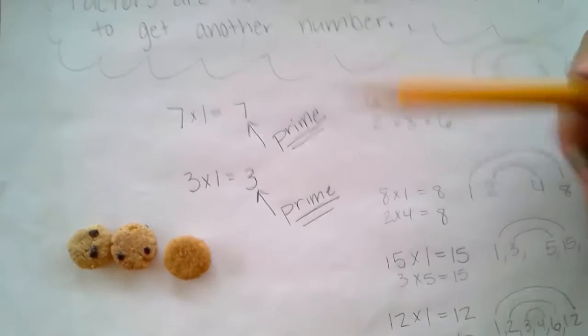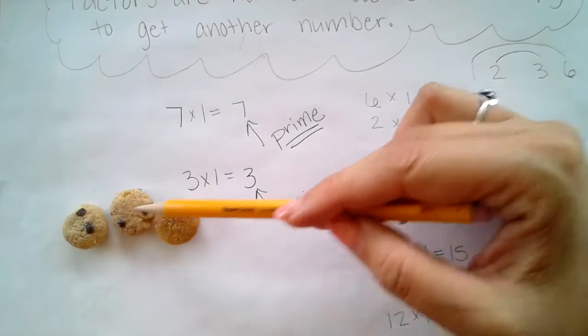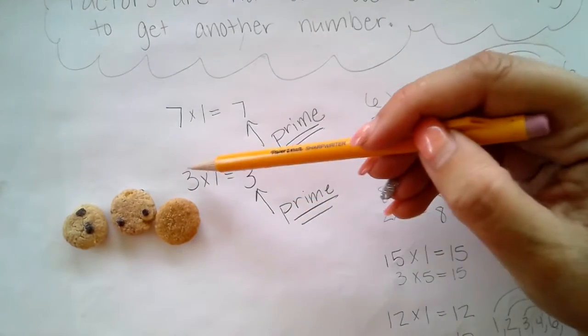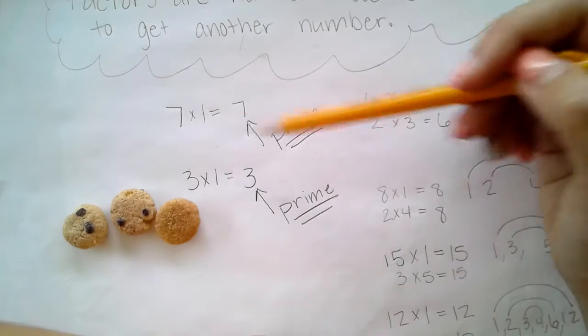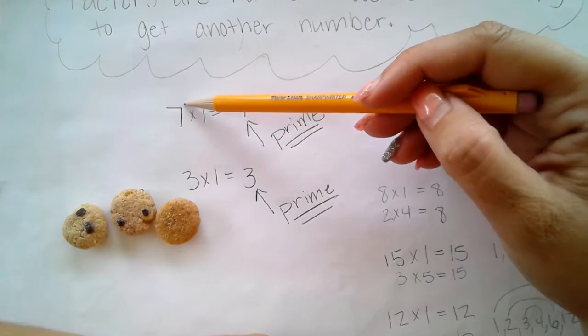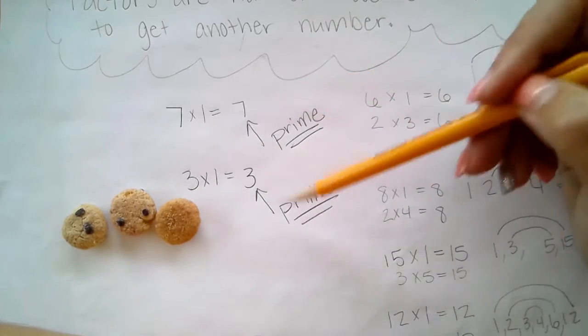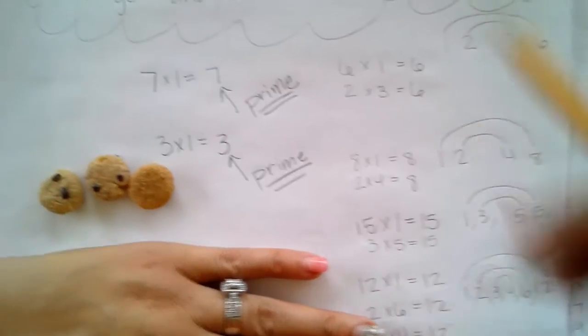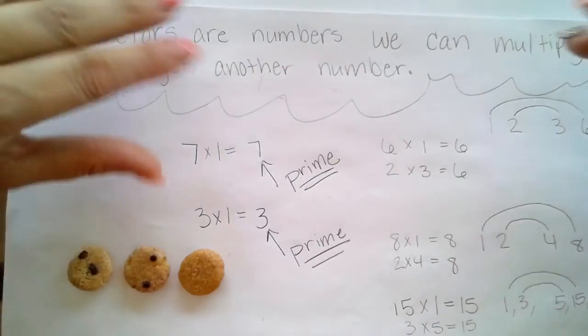But for now, I just want you to understand factoring the numbers out. So the only factors that 3 has are itself, which is 3, and 1. Okay? The only factors that 7 has are itself, 7, and 1. So that means those numbers are prime numbers. Whereas these other numbers had other ways that we could multiply to get the number. Very good.